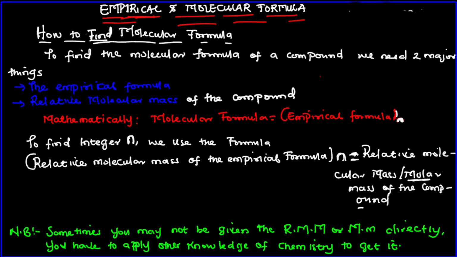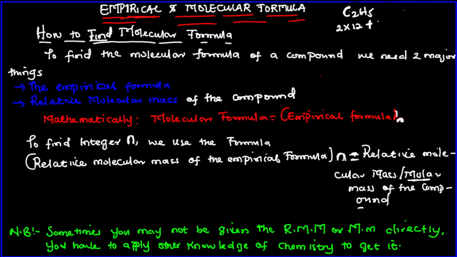So we are going to first find n. We'll first need to look for the relative molecular mass of the empirical formula, and then we multiply it by n. So for example, let's say we have C2H5 as the empirical formula. How do we find relative molecular mass? Remember, relative molecular mass of the formula, you guys should know that. That is the subscript 2 times the relative atomic mass 12. You add everything together. Once you multiply the subscripts times the relative atomic mass, you now add everything together.